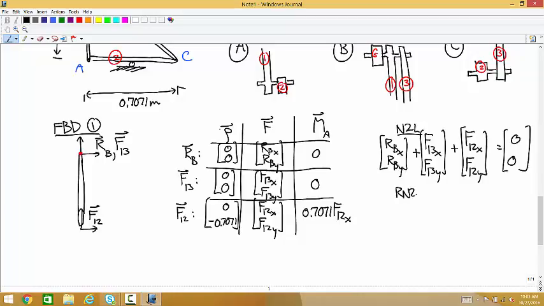And the moment equation says 0.7071 F12x is equal to 0.